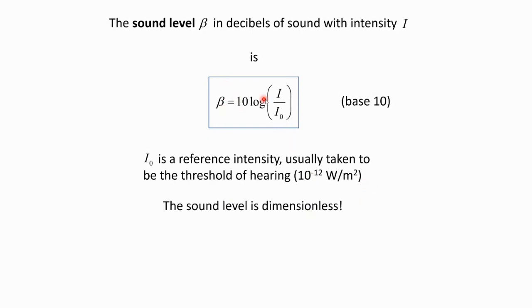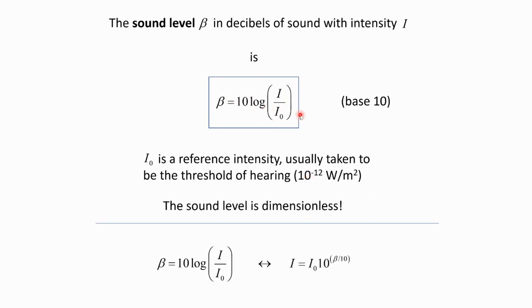It just tells you what the intensity of the sound wave is relative to this reference. You can invert the formula, just mathematically manipulate it, and get the intensity in terms of the number of decibels. Plug in the number of decibels beta here, and multiply all this out, and you get the intensity of the wave.